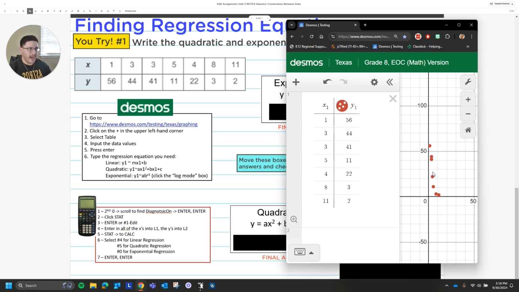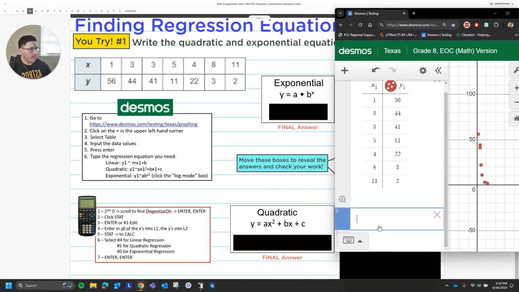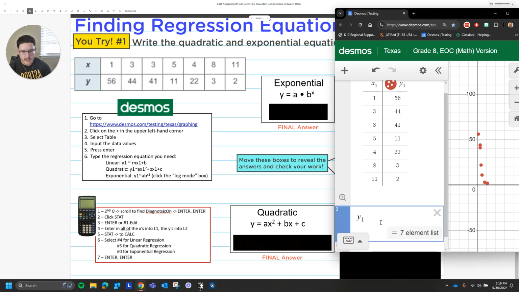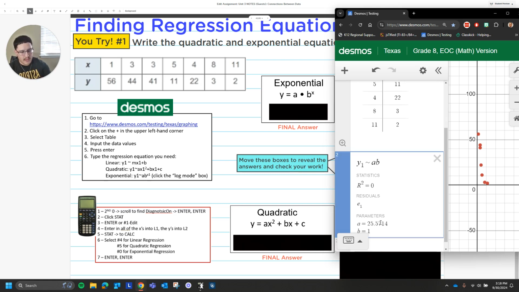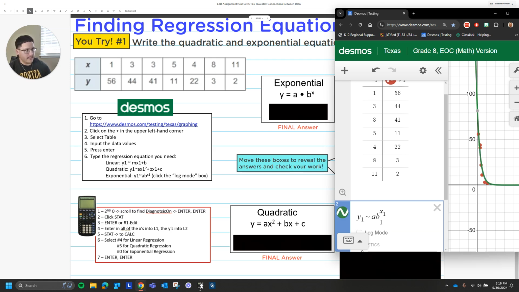Okay, there's the scatter plot. Now, for exponential, we're going to go to line 2, and then we're going to type the following. Y1 squiggly, A, B, and then up arrow to get the exponent, X1.